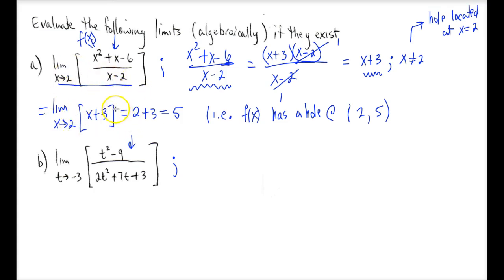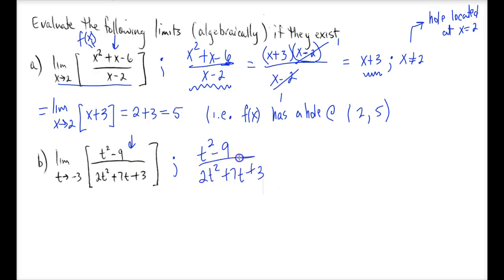I'm doing it this way to be notation-wise correct, but at the same time to keep from having to write limit as x approaches 2 a whole bunch of times. So that's the reason why I'm putting the semicolon here and working on this separately.